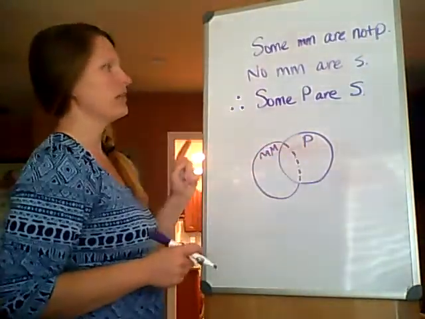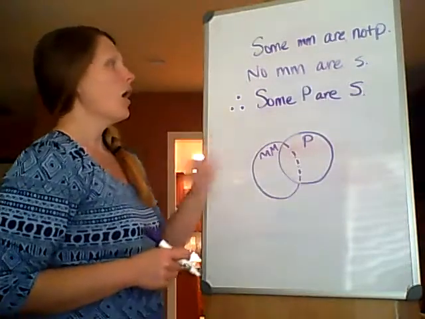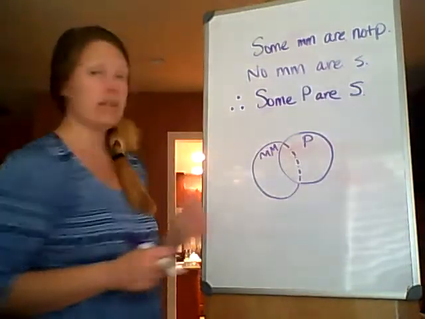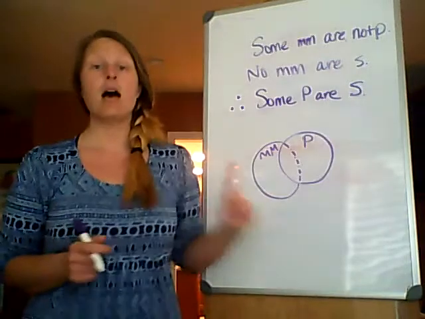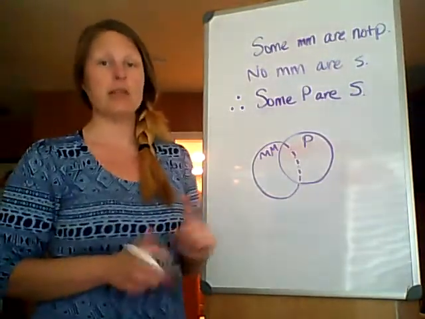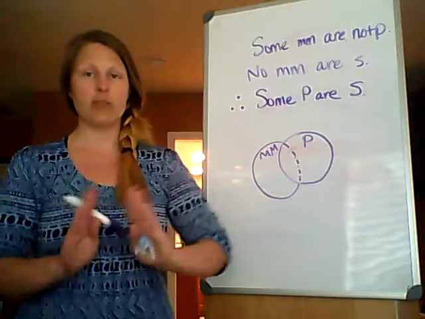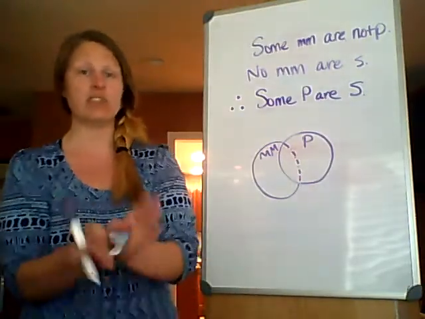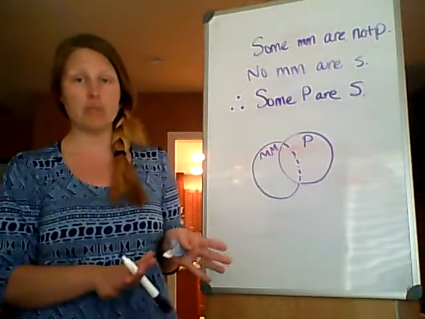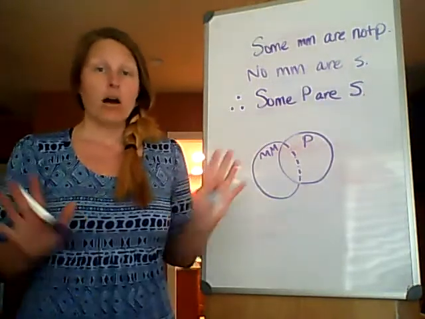My second premise says that no modern maps are skins. So here is the thing about no statements. There are so many possibilities for where I could draw these, because all I need to make sure is wherever I put my skins circle, it just needs to not be touching my modern map circle.